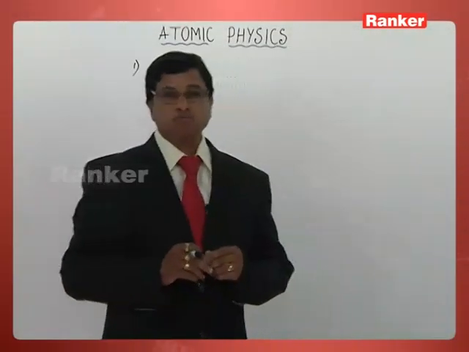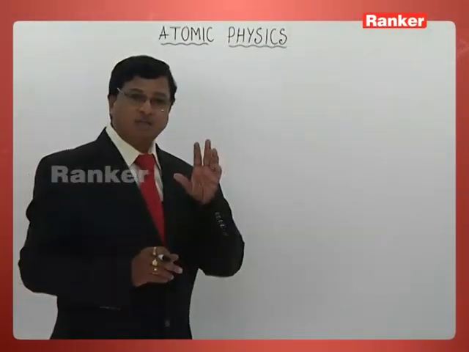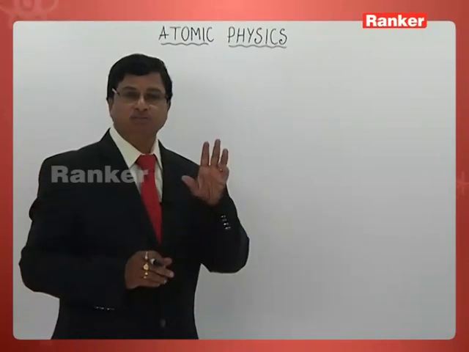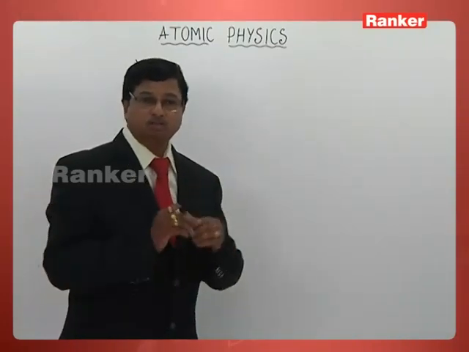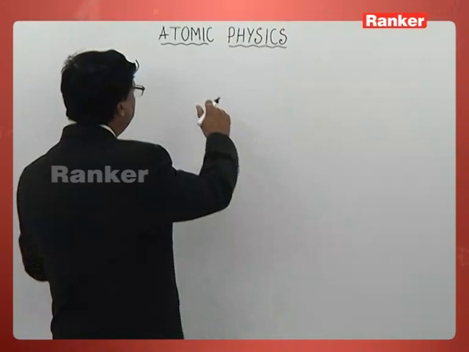First and foremost, an electron is accelerated through a potential difference of 1000 volt. That is the data provided to us.